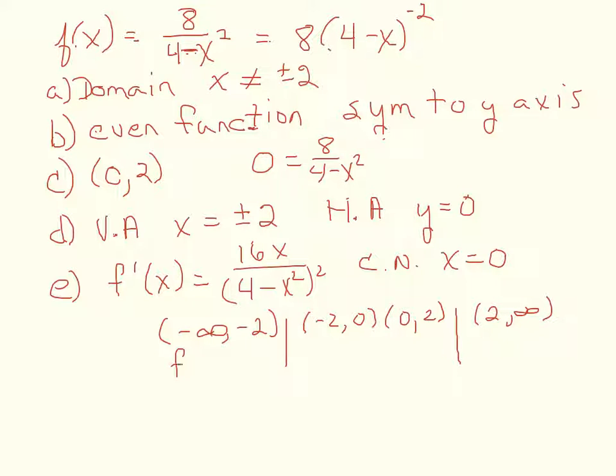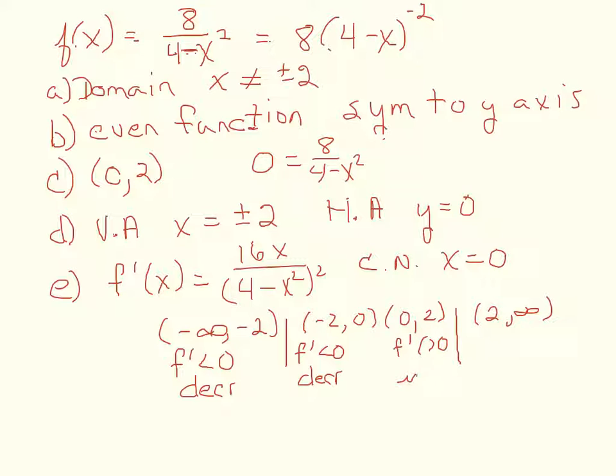If we check the first derivative here, the denominator is always positive. It doesn't matter what I put in the denominator, it's going to be positive. So if we plug in a negative number on top, the first derivative is less than 0, which means we are decreasing. If I plug in a -1 in the next interval, the first derivative is less than 0. If I plug in a 1, it's going to be positive.